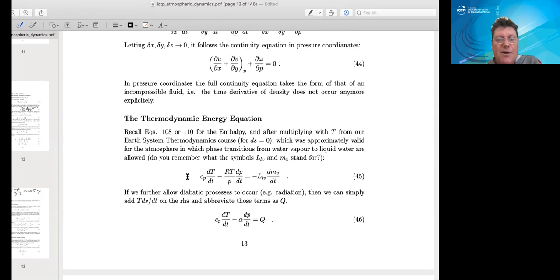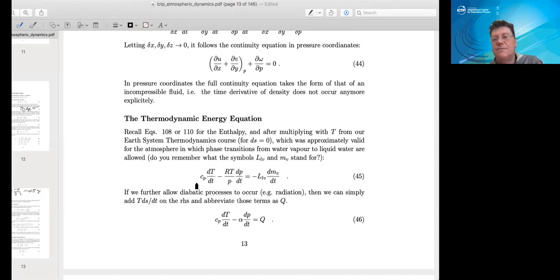The thermodynamic equation. Remember the thermodynamic equation from thermodynamics? What does this equation tell us? This is the equation for... does someone know? What is this quantity, V p times dt, change of temperature?